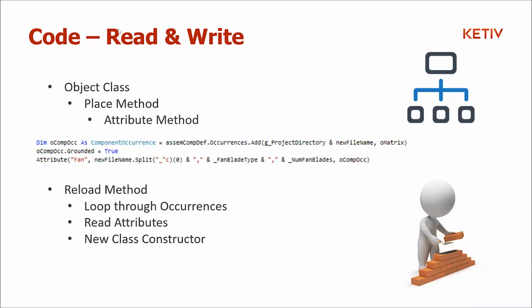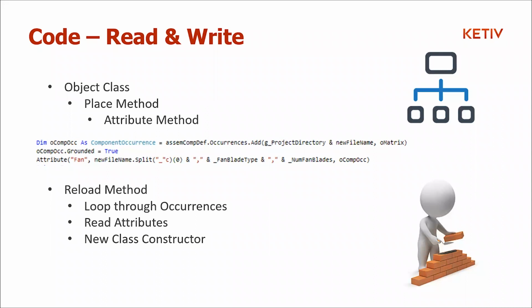So with writing, where we put the write function, we kind of looked at that write function abstractly, but where does it land? I chose to put it in each of our different object classes. So a fan has an attribute method, a fan base does as well, and the grate does as well.